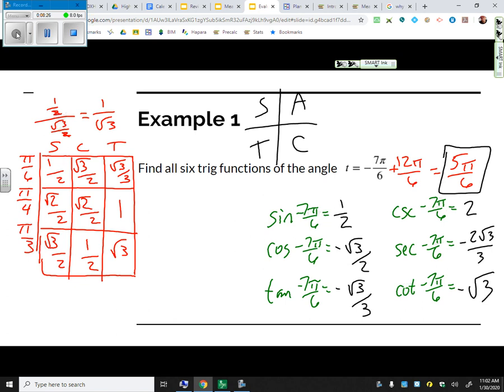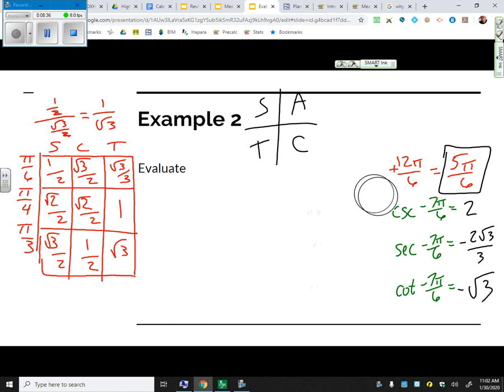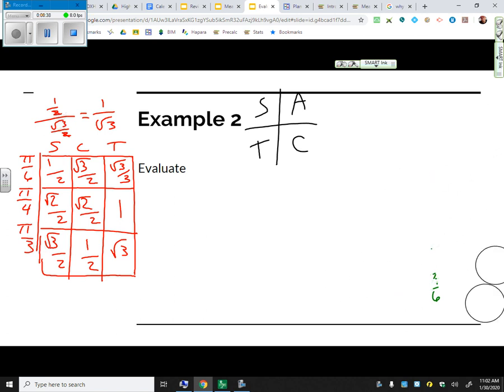Questions on this? Let's practice this some more. I want to word it a little bit different, though. A little bit more useful for what we're going to do this semester. So, Jonathan, give me your favorite trig function that's not sine or cosine.